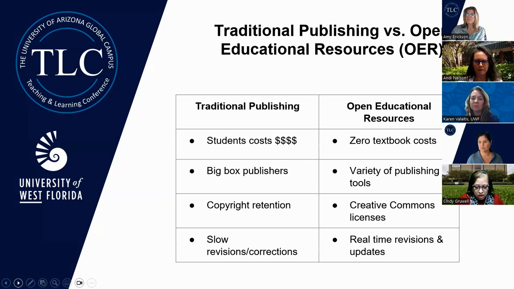What these allow for is that the author retains their copyright, and the licenses, of which there are 6 types, basically allow them to tell the world globally how that work can be used. These licenses range from no restrictions to open but restrictive. The other important point is, since they're basically digital works, you can do real-time revisions and updates.